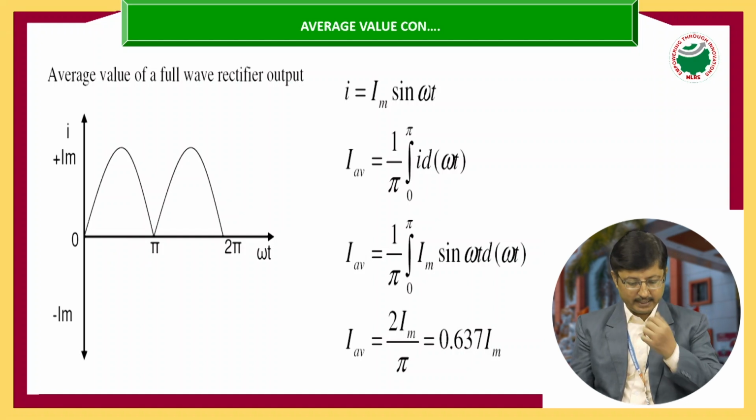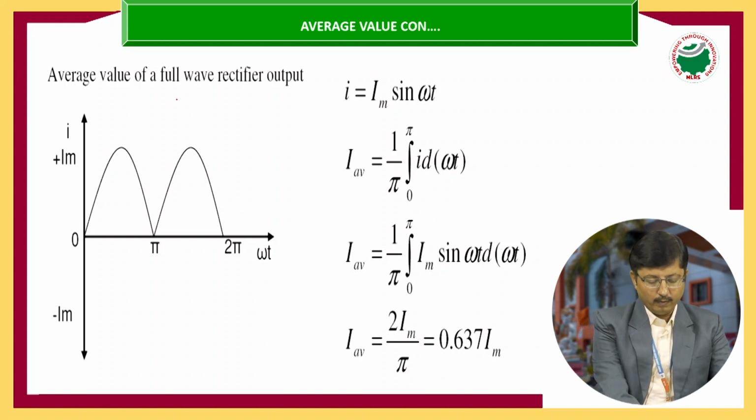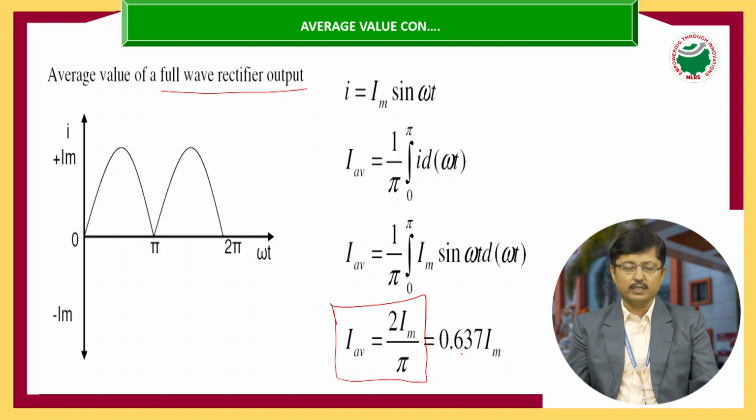So I average equals Im by pi integral 0 to pi Im sin omega t d omega t. Here also for full wave rectifier type output we get I average equals 2 Im by pi, which is nothing but 0.637 times the maximum current.